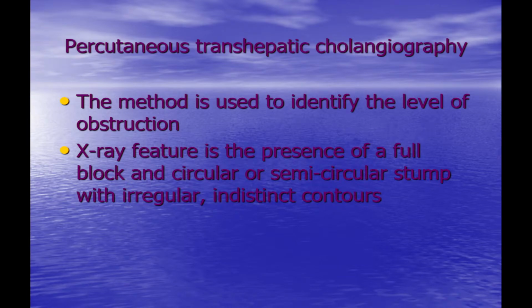The method is used to identify the level of obstruction. The X-ray feature is the presence of a full block and a circular or semicircular stump with irregular and indistinct contours.